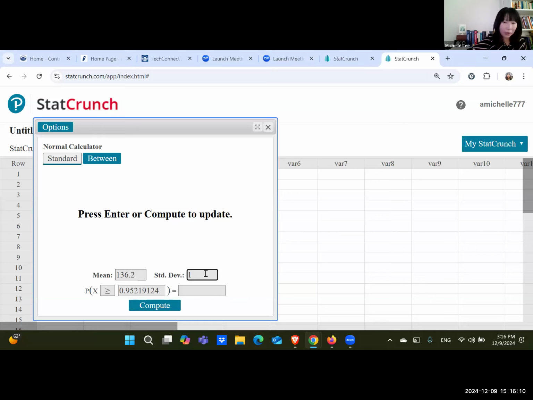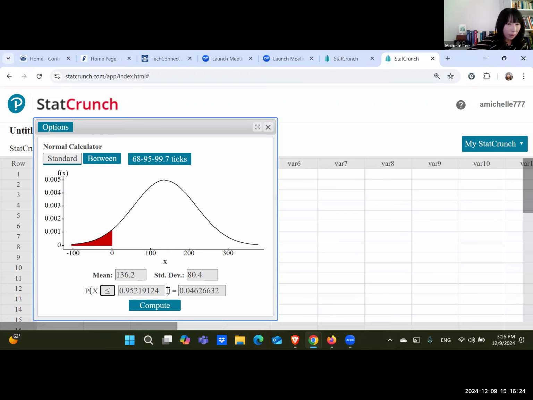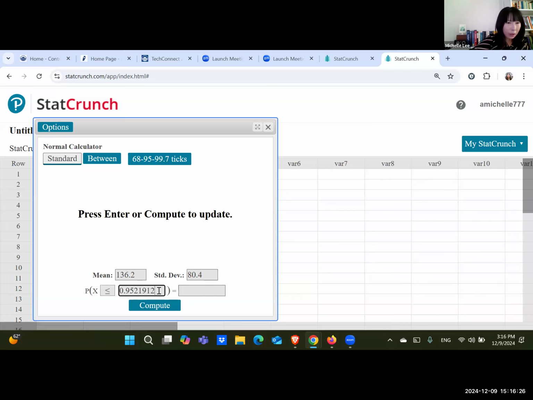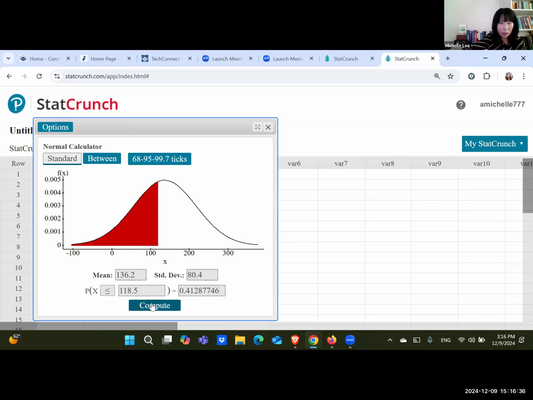And then standard deviation is 80.4. And then x is less than 118.5. Okay, let's compute.